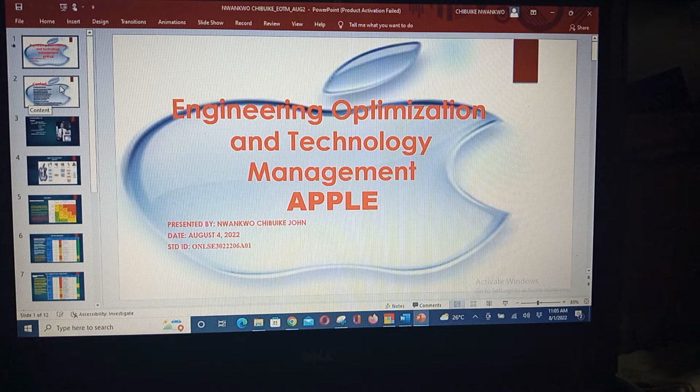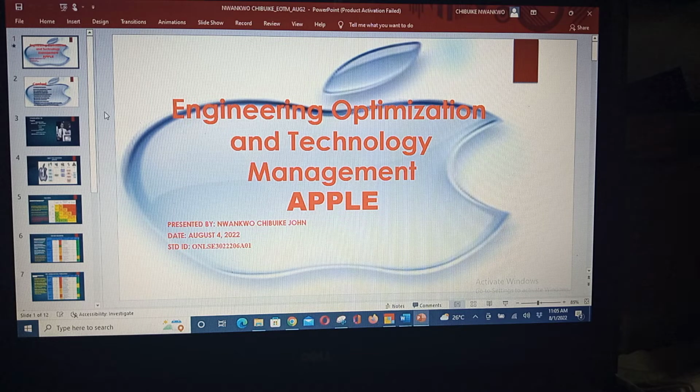I would like to take us a little bit through my presentation on the Apple products. The presentation is all about the risk assessment carried out in Apple products, so as to create a balance between risk and reward in their product, which is absolutely the way every organization manages to make success in their business and also to progress.